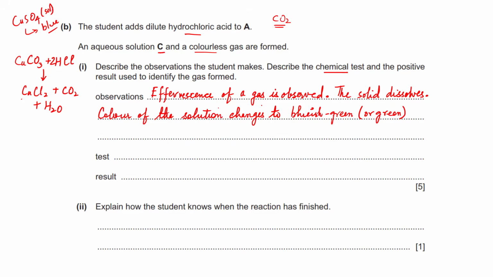Okay, so we have the two observations here. Effervescence of gas is observed, the solid dissolves, and the color of the solution changes to bluish green or green. Now the test is to pass the gas through lime water. We pass carbon dioxide through lime water.